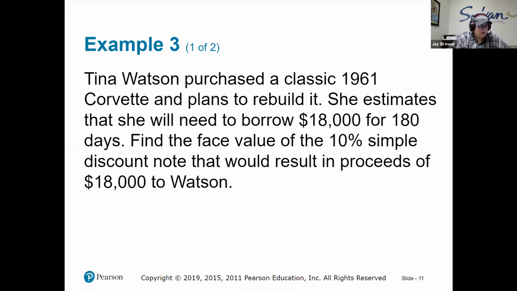I think she means that she's going to see what needs to be rebuilt, but again, English is not the best forte for math textbooks. She estimates that she will need to borrow $18,000 for 180 days. Find the face value of the 10% simple discount note that would result in the proceeds of $18,000 to Watson.